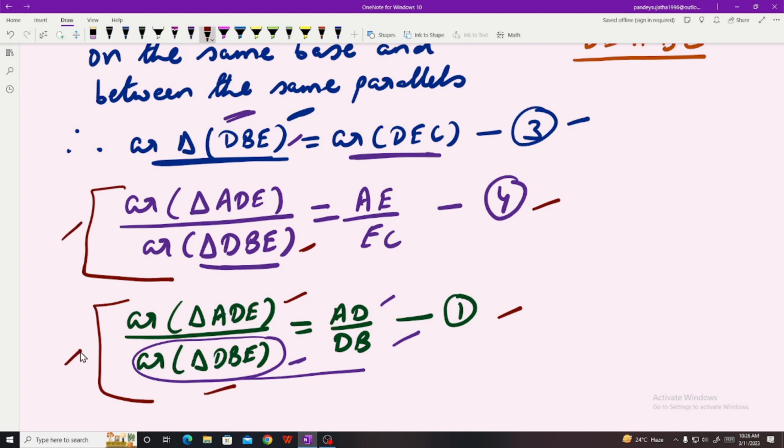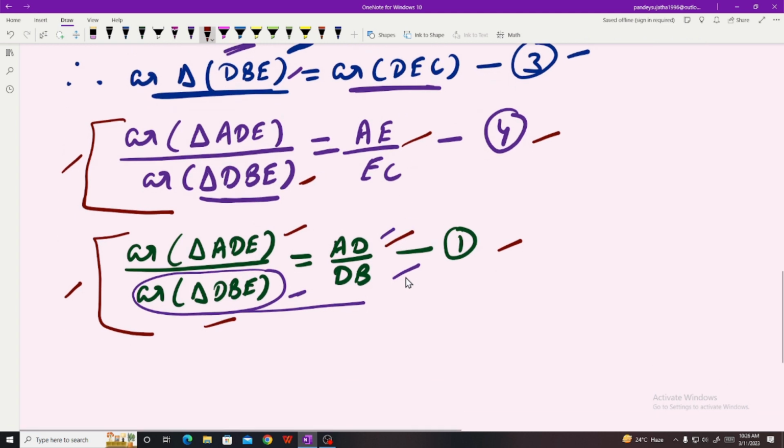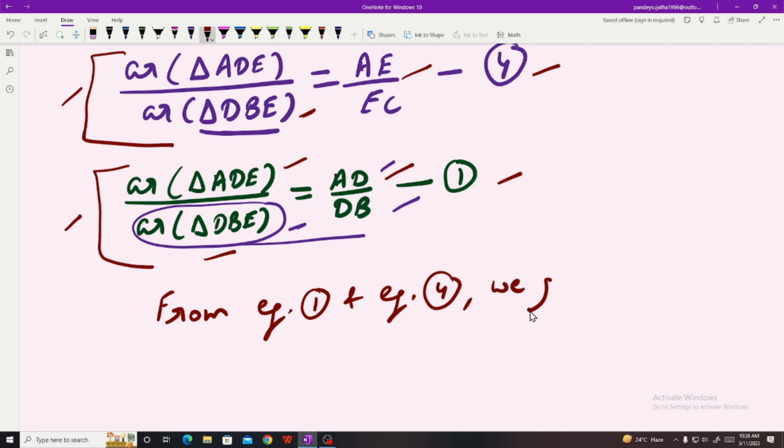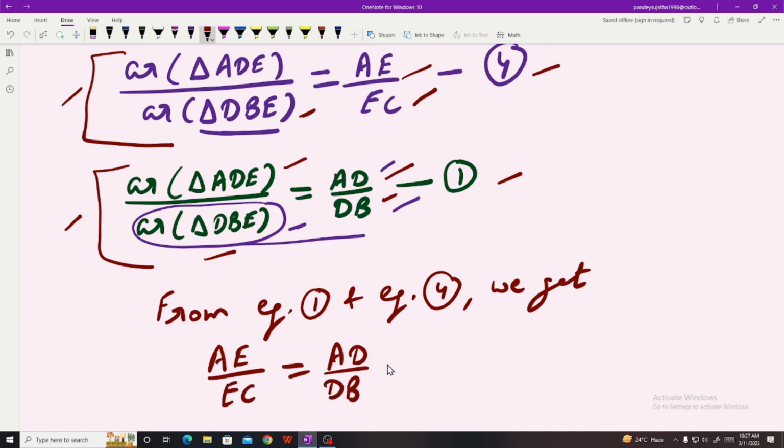So if left hand sides are equal, then right hand sides are also equal. So from equation 1 and equation 4, we get that AE upon EC is equal to AD upon DB. So this is the way we prove basic proportionality theorem.